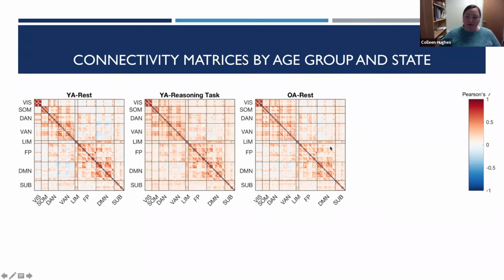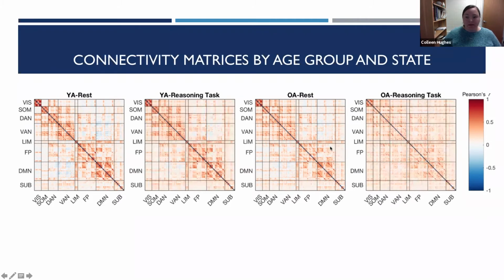So putting the younger adults task up, what we thought was really striking was the older adults at task here. What's happening is that they're not just showing the same pattern as at rest, but in fact, they're weaker within network, and they even start weaker than younger adults, but also they see greater between network connectivity.